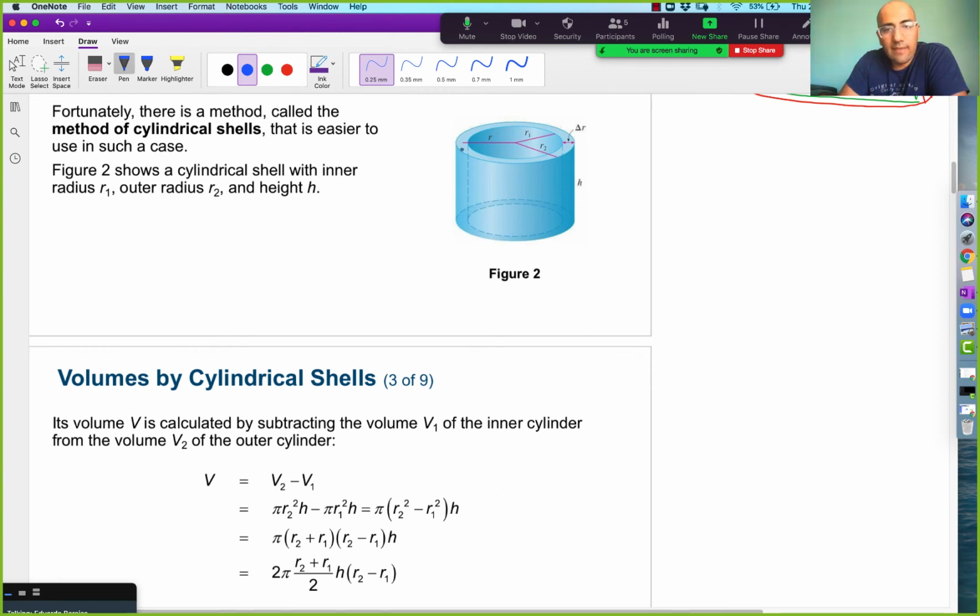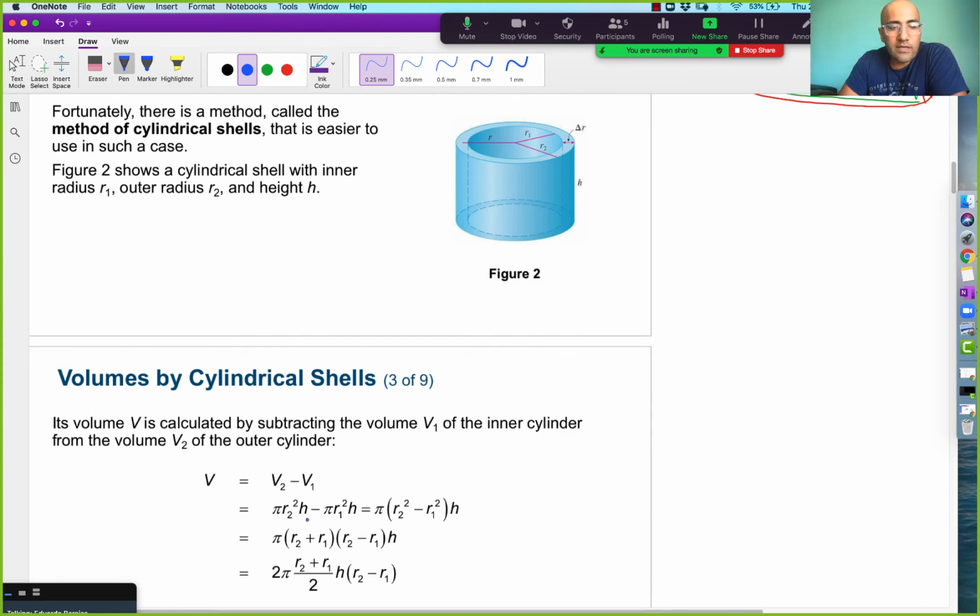We subtract them, and that gives us the actual volume of our little cylindrical shell. The volume of the outside one is equal to pi r squared, where the outside radius is r sub 2, so pi r sub 2 squared times the height.